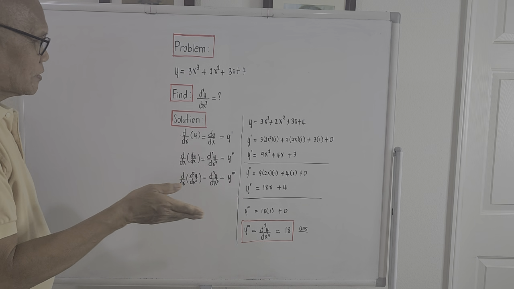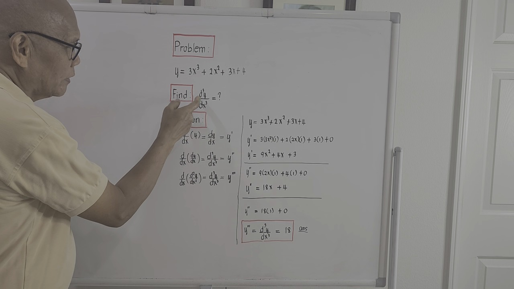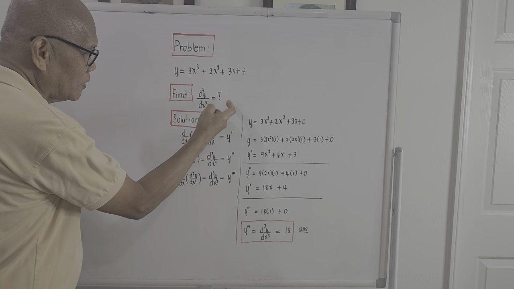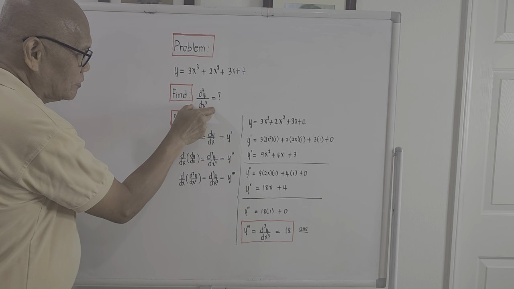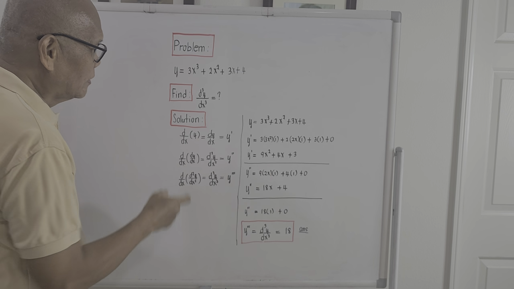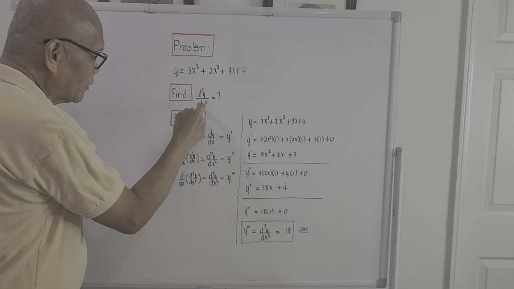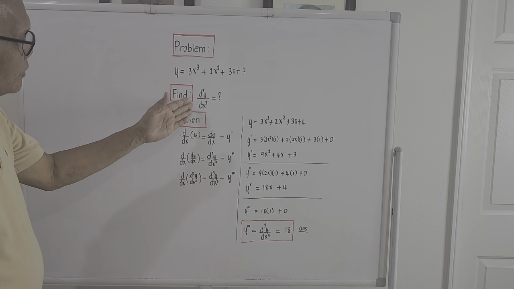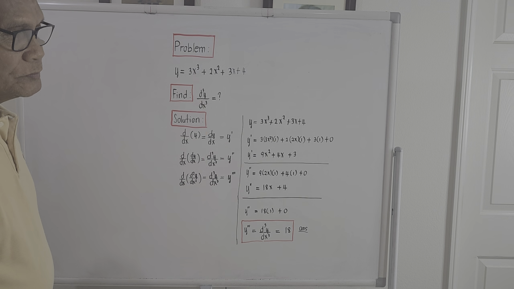The problem is asking to find d cubed y over dx cubed. This is how we read this under the study of differential equation: d cubed y over dx cubed, and what will it be equal to?